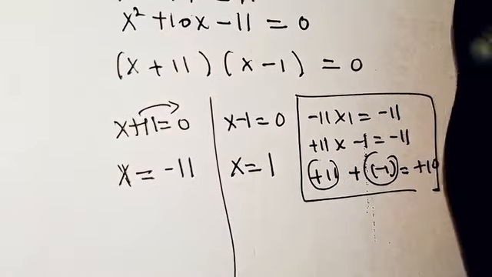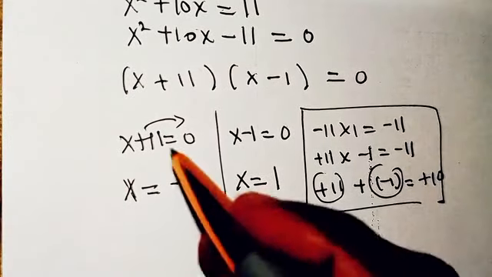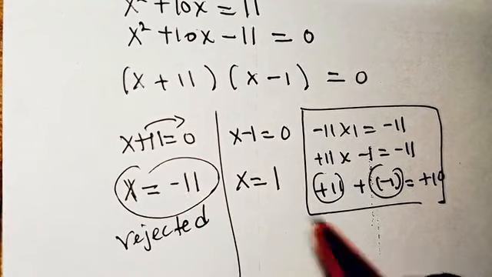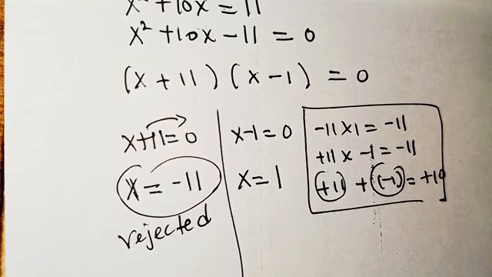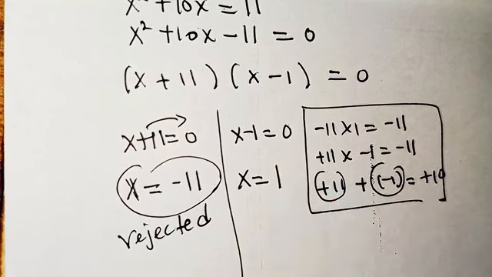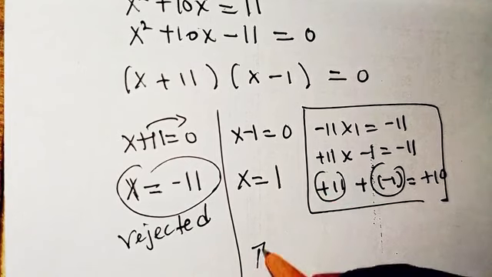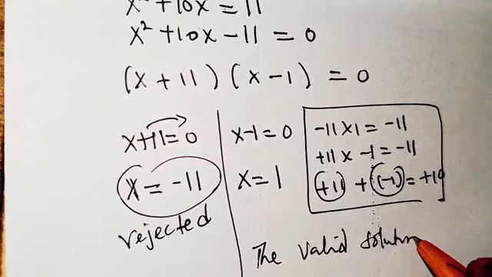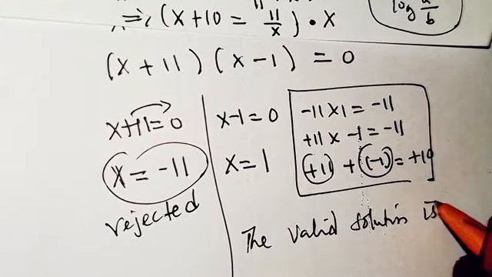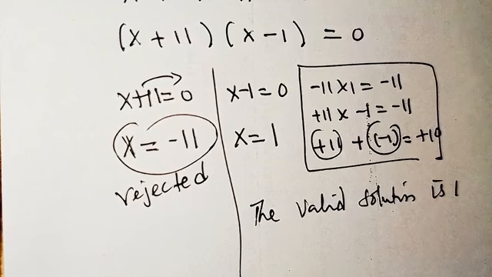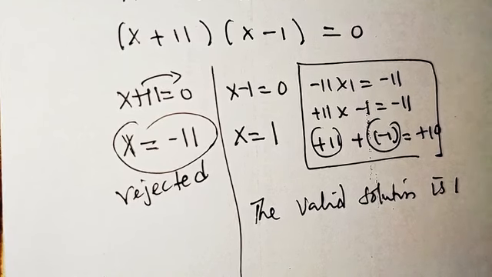Here we have a negative value of x, so therefore it means that this one is going to be rejected. We're going to reject this. Then we're going to take this. So the only valid solution is 1.